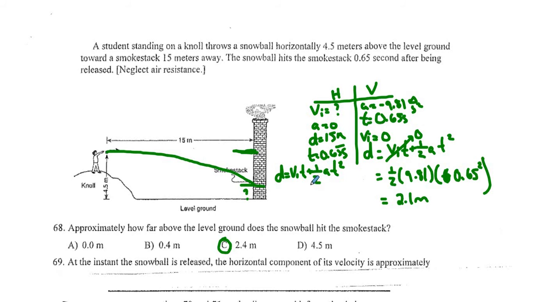Now this is in the horizontal. The acceleration is 0, okay, and so my initial velocity is the distance divided by the time, and that is 15 meters divided by 0.65 seconds, and I got 23 meters per second. So this is 23 meters per second.